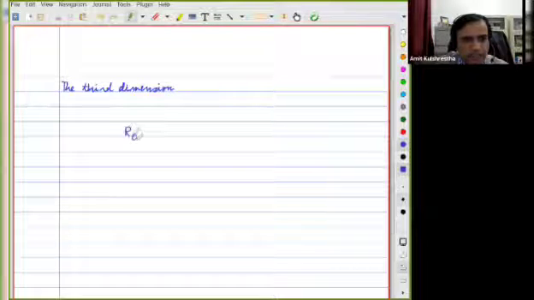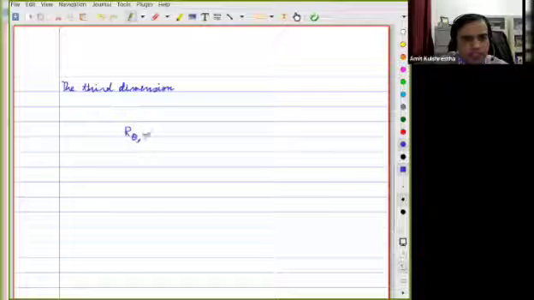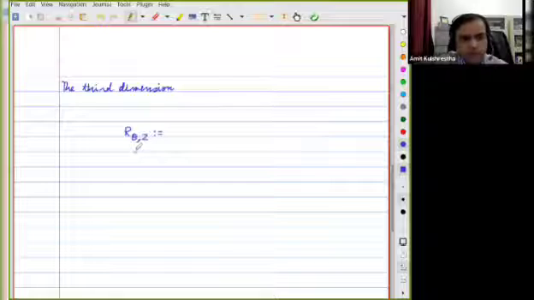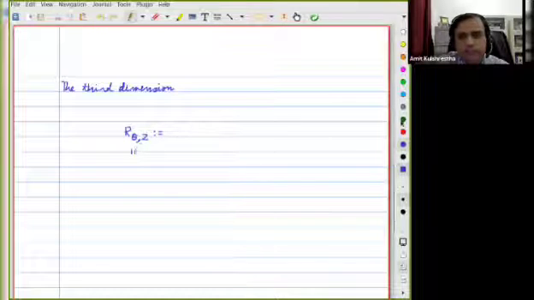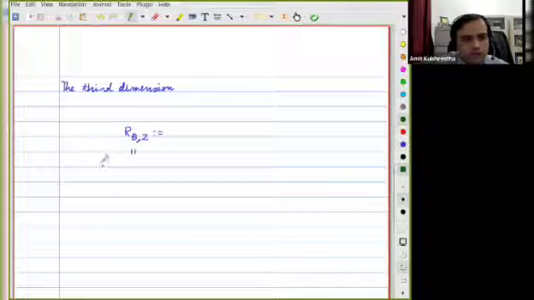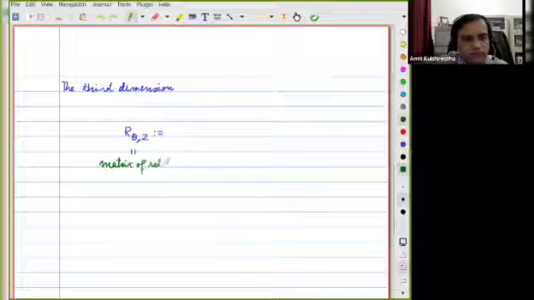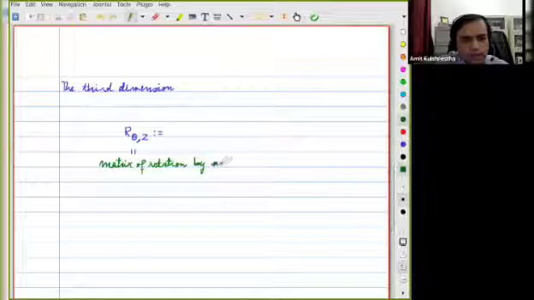I write this matrix r theta z, and such matrices will come into this tutorial. This is a matrix of rotation by an angle of theta.